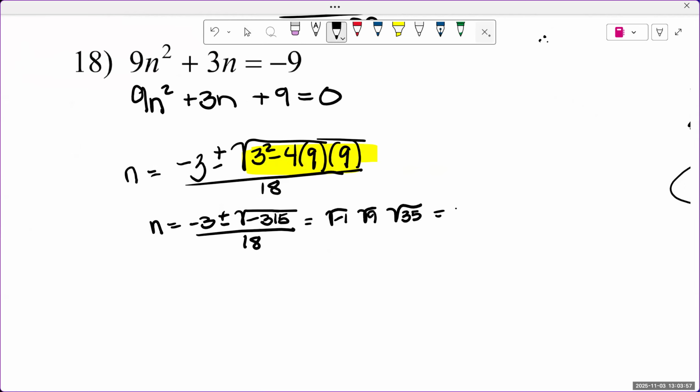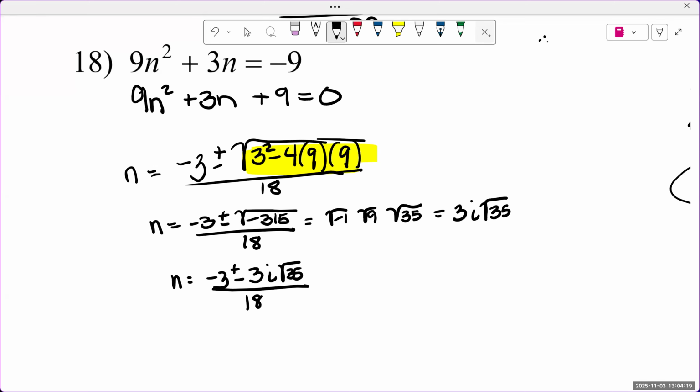So the square root of 9 is 3. Square root of -1 is i. Square root of 35. So we have -3 plus or minus 3i square root 35 over 18.